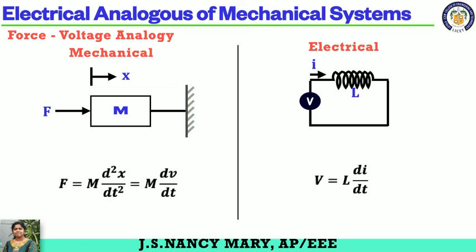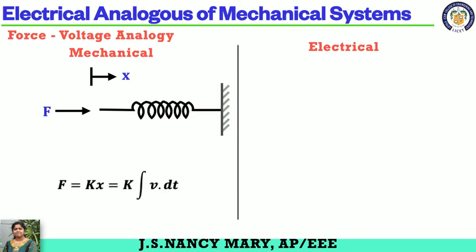Moving on to the next one, that is nothing but your spring. The elasticity, which is given by the formula Kx. To write it in terms of velocity, I have to integrate v, so x becomes integral of v into dt. Here, instead of force, I have to write the voltage.